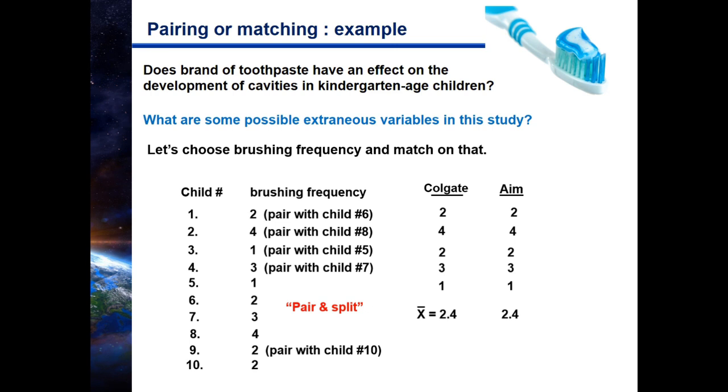So your first child brushes 4 times a day, 30 seconds each time, with an electric toothbrush, who consumes on average 80 grams of sugar a day and has a thin enamel density. Now you've got to try and find that person's twin, in essence. Somebody who matches on all 5 of those variables. You see how it gets increasingly difficult? So we almost never match on more than 2 variables. It just becomes really hard.